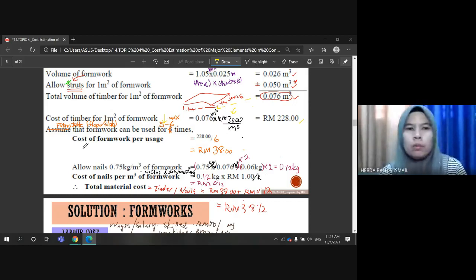Therefore, the cost of formwork per usage is 38 ringgit, after you divide 228 over 6 times, the maximum.